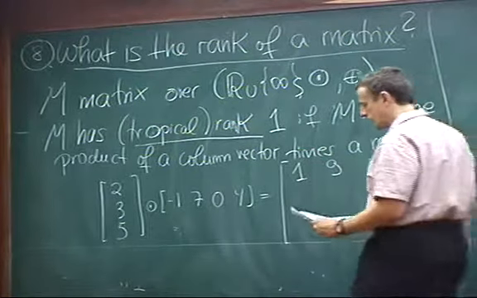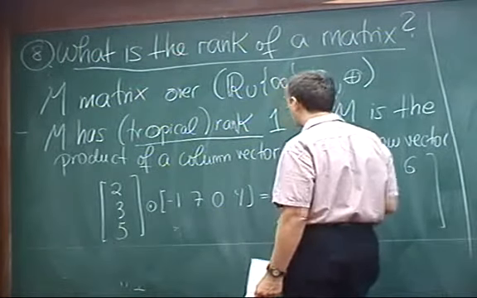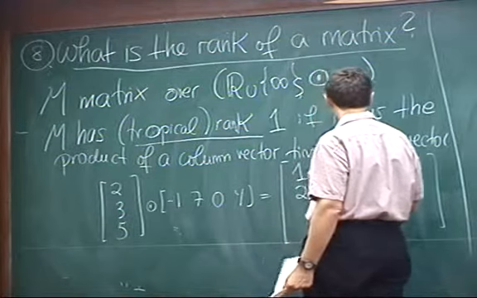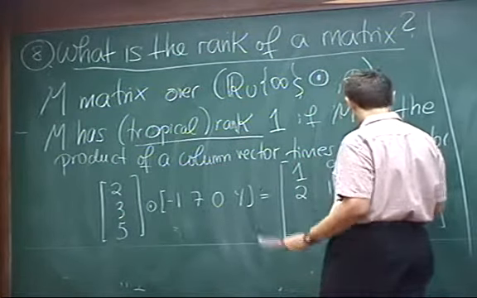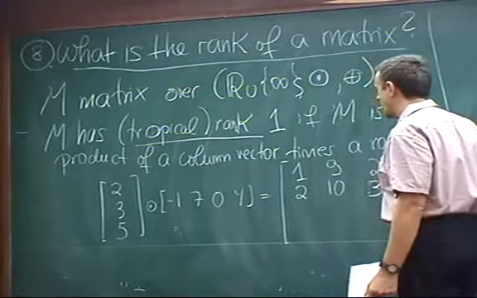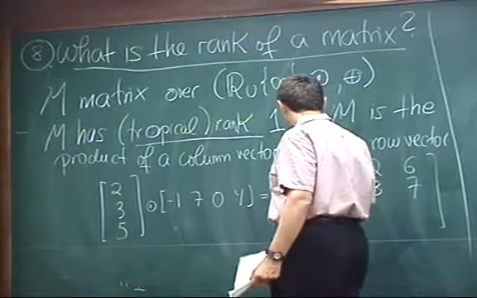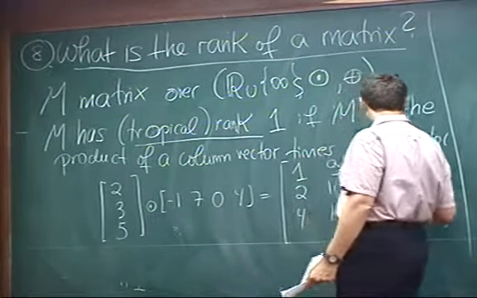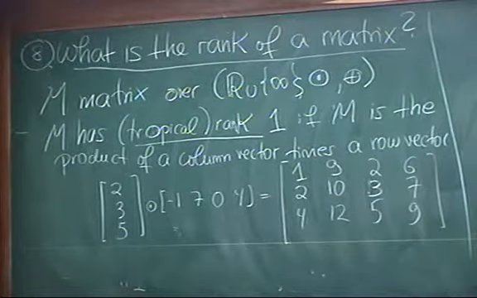In the first row, we multiply by 1. We get 2, 10, 3, 7. And then we multiply by 2. We get 4, 12, 5, 9. So this is a typical rank 1 matrix. Okay? It's a product of a column vector times a row vector.